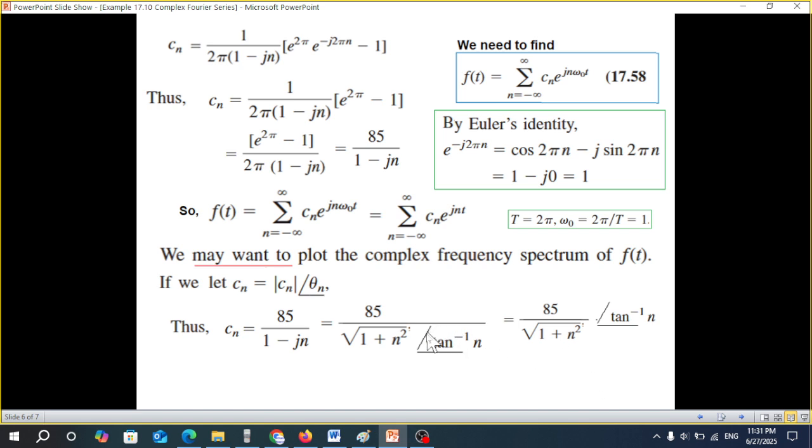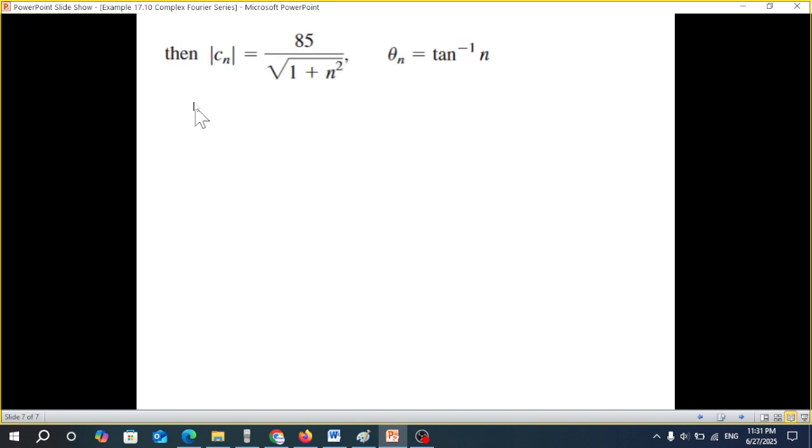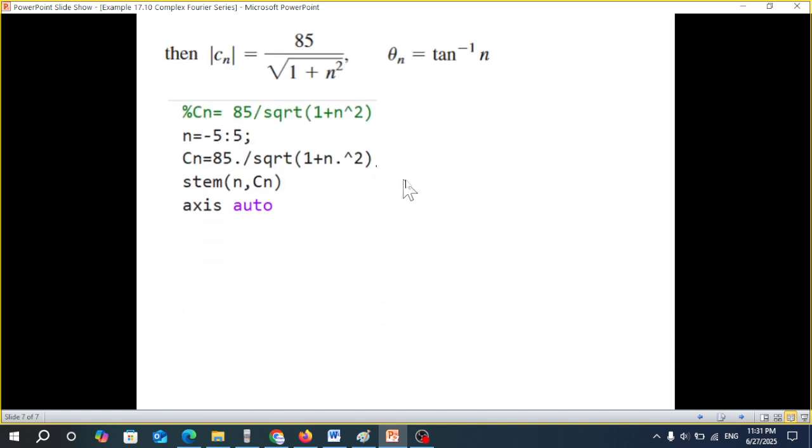And if we take this up, we can write it as positive tangent inverse n. So the magnitude is this part and the angle is tan inverse n. Now these two we need to plot.